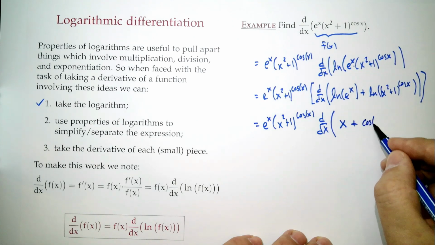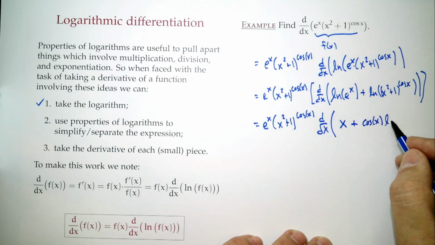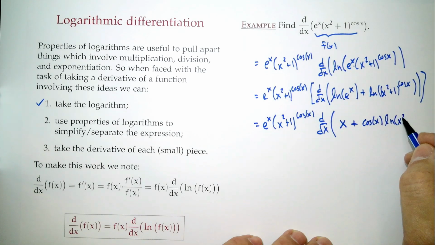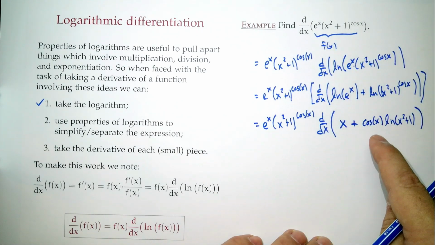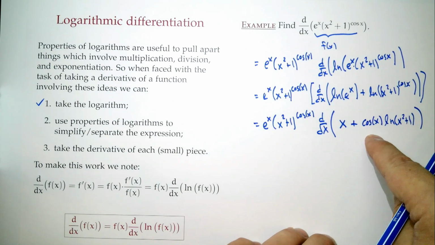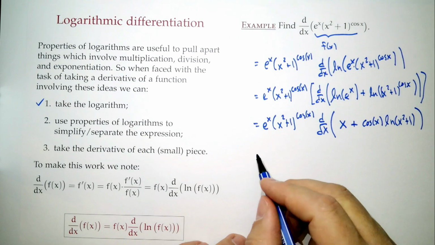So now we don't have to worry about a power of something. No, it's a function, cosine of x, times log of x squared plus 1. So we've transformed the original problem of taking a derivative to the problem of taking this derivative. And you'll notice that the pieces are much simpler to work with and they're pulled apart. The more you can pull it apart, the easier it is to take the derivatives.